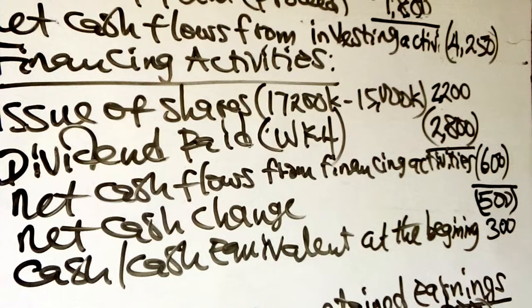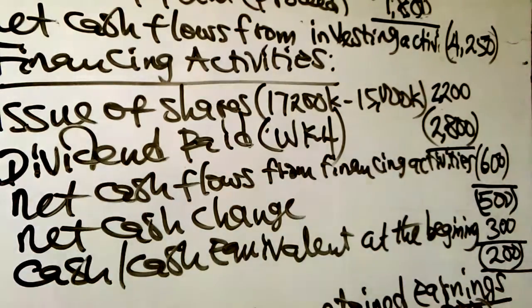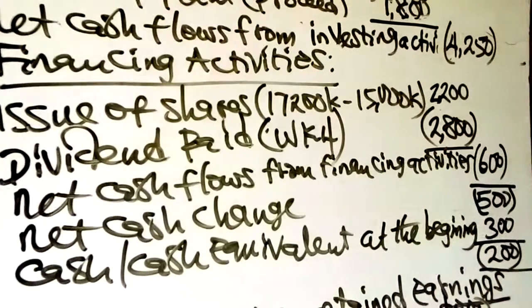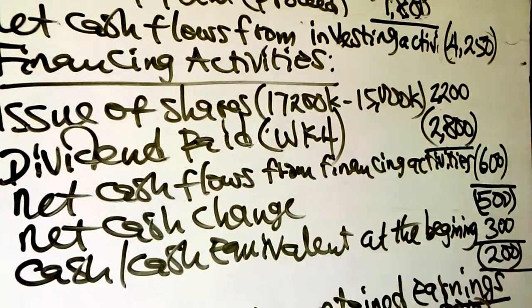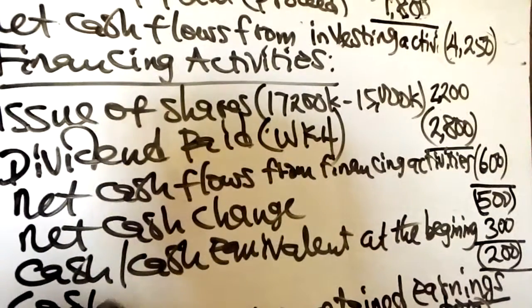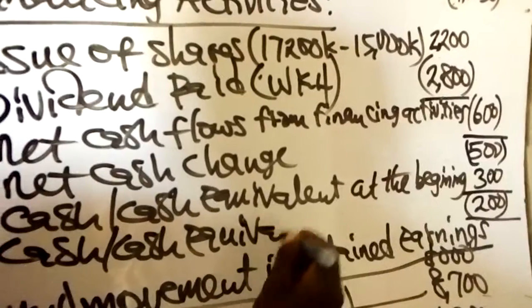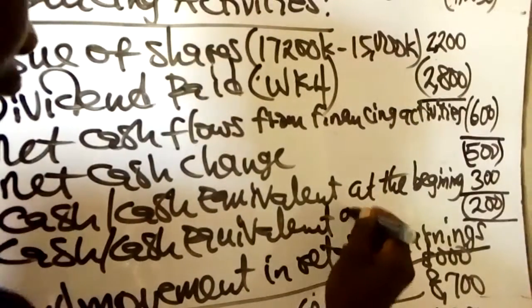So minus 500 plus 300 will be minus 200. And that minus 200 represents cash or cash equivalent at the end of the period.